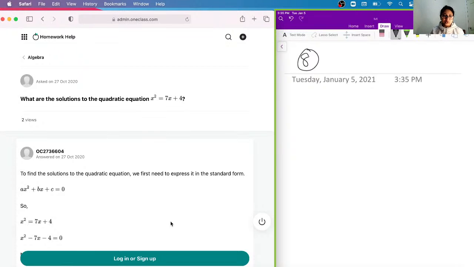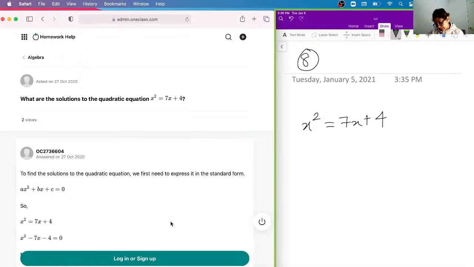Question: what are the solutions to the quadratic equation x squared equals 7x plus 4? So we're trying to find the roots or the zeros of this equation, or what x is equal to.